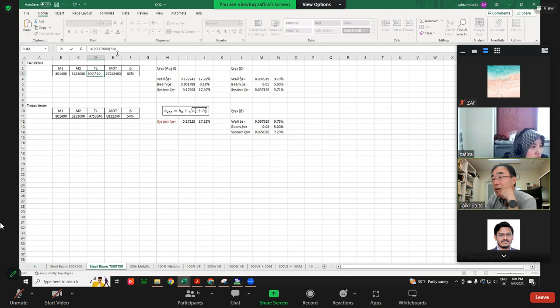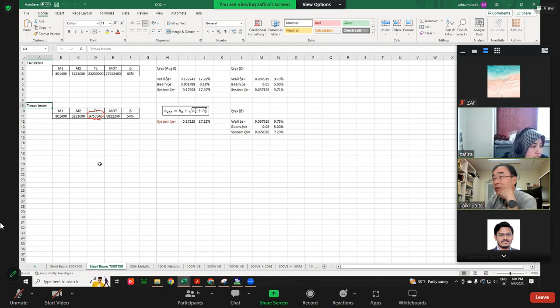This is the total height. Does this one also use the same formula? Same formula, but the shear force comes from Stera 3D.